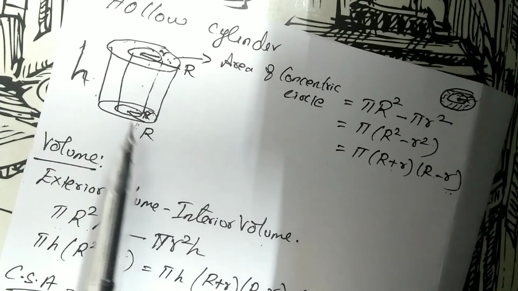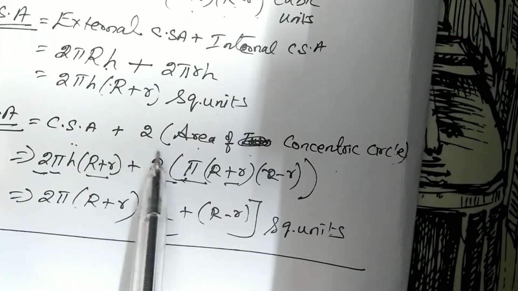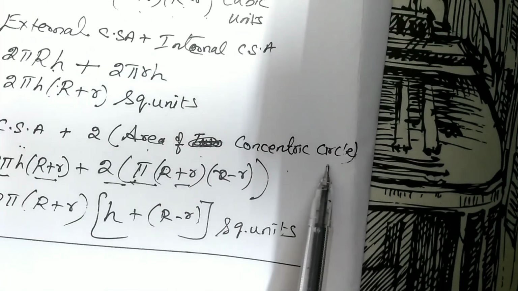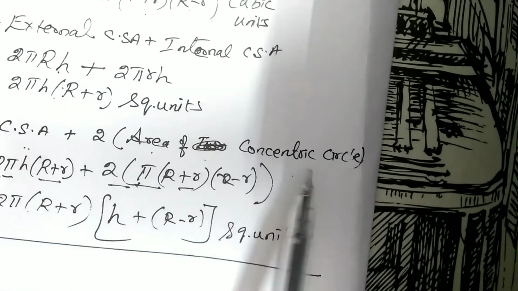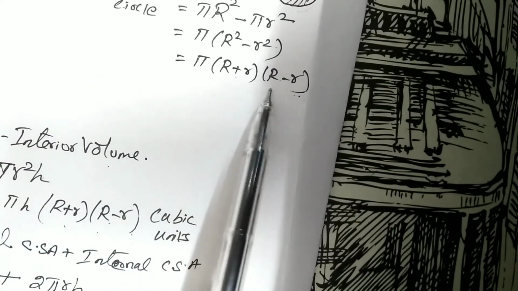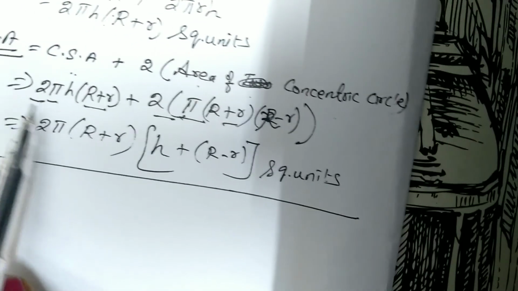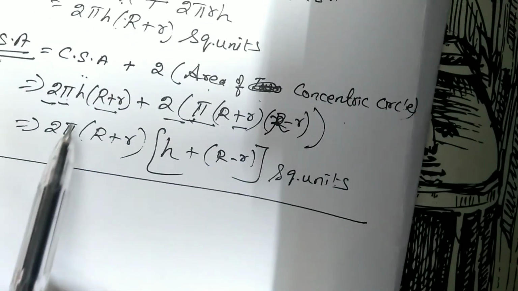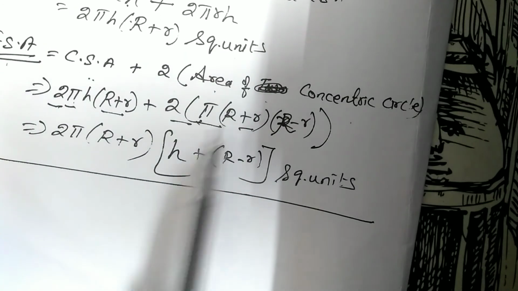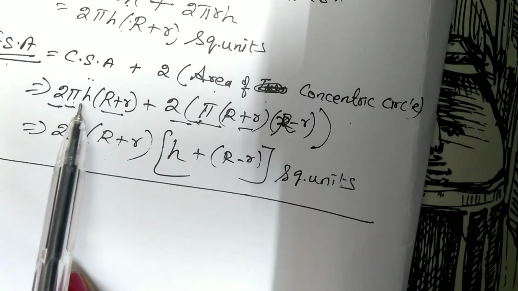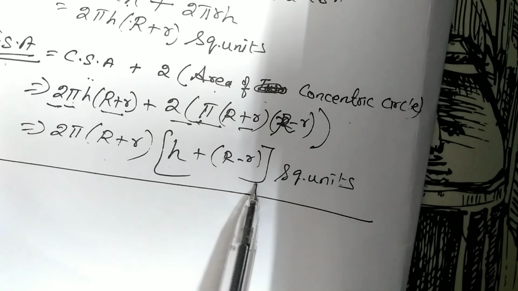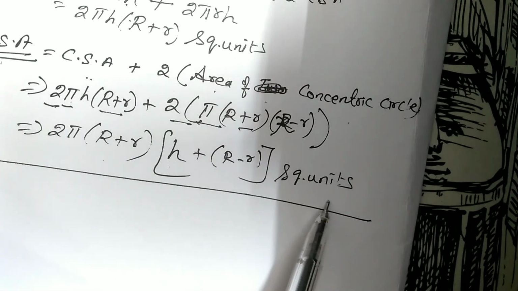Plus 2 into the area of the concentric circle, which we have done: pi into (R plus r) into (R minus r). We substitute. Now we can see 2 pi (R plus r) is common in both terms. We take it out. So what is left? h, and here (R minus r), in square units.